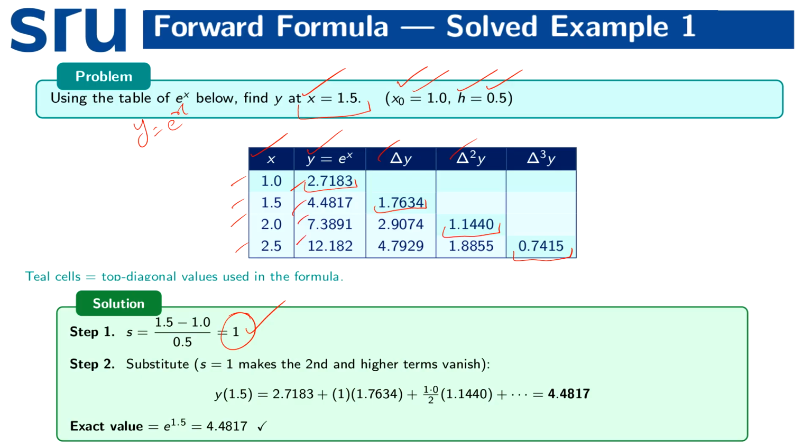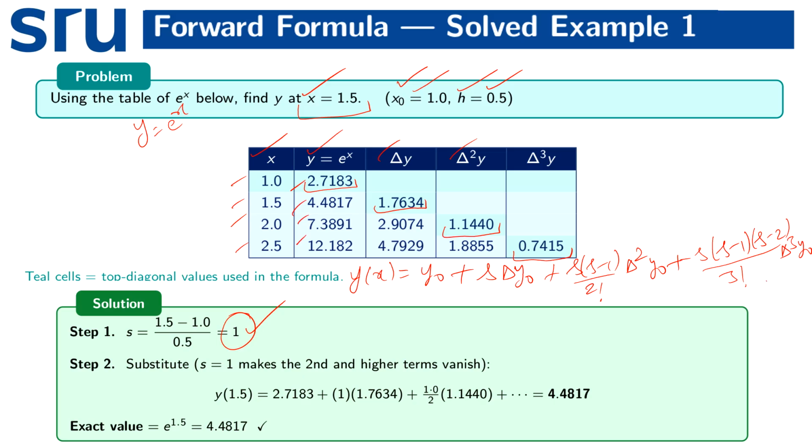Now you are supposed to apply Newton's forward formula. The formula says, as you saw in the last slide, y x equal to y naught plus s times delta y naught plus s into s minus 1 upon 2 factorial into delta square y naught plus s into s minus 1 into s minus 2 upon 3 factorial into delta cube y naught plus and so on.